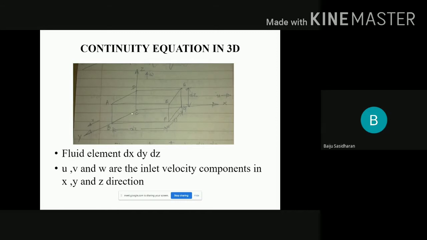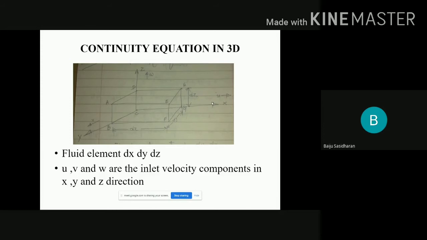I am considering the flow along the x direction first. See here, A, B, C, D represents the entry, and this E, F, G, H is the exit along the x direction. So some amount of flow comes in this direction and some amount of flow goes out through this direction.